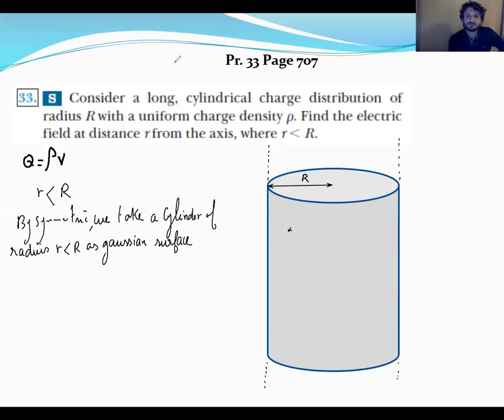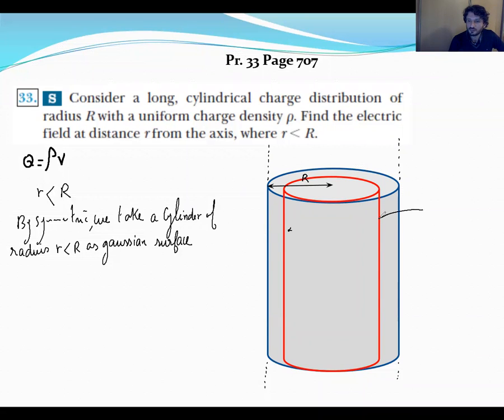Okay, we can draw this one. So here, this one is the Gaussian surface, which is at a distance small r from the center.